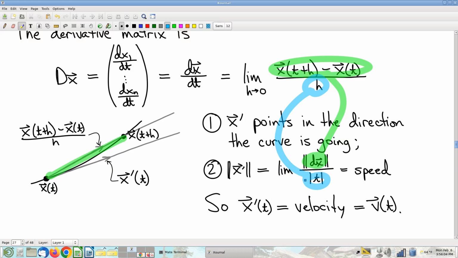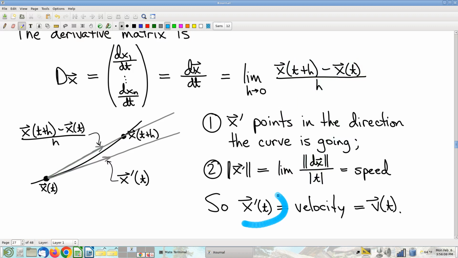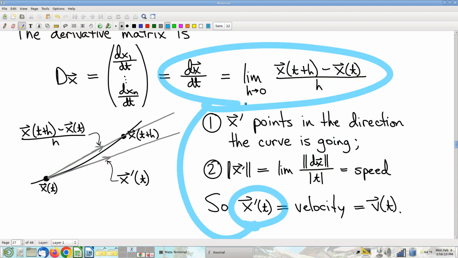Altogether, this is a pretty satisfying result. This derivative of a parametric curve is a vector that points in the direction of motion whose magnitude is equal to the speed. It's the velocity, our pre-existing physical concept of velocity. So that's a really useful fact. Derivatives of parametric curves give you velocity.